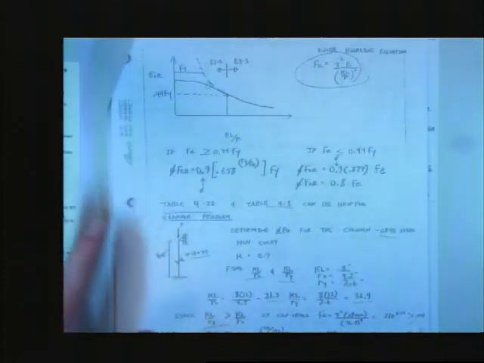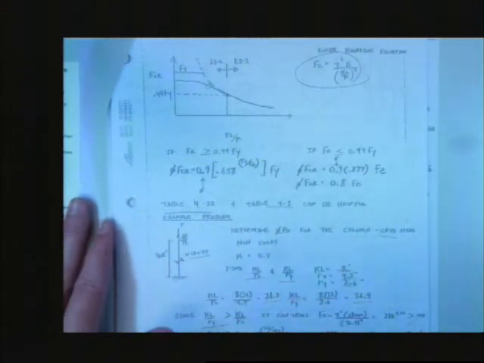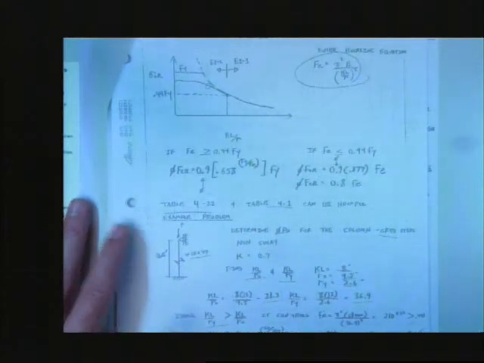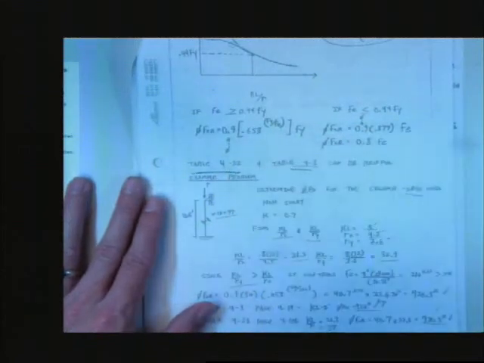Then there's table 4.1. That one you have to be really, really careful about, because table 4.1 assumes the column is buckling about the least radius of gyration. I'd show you the tables if I had my steel manual, but you all have steel manuals.